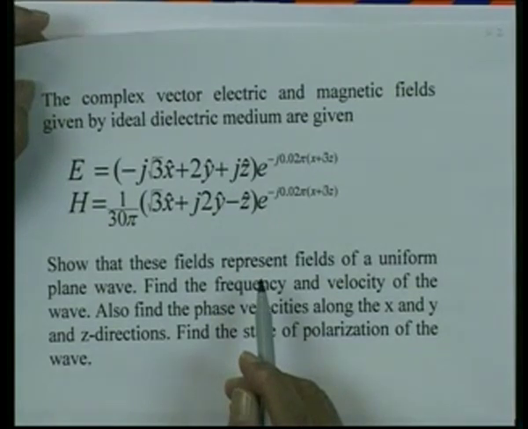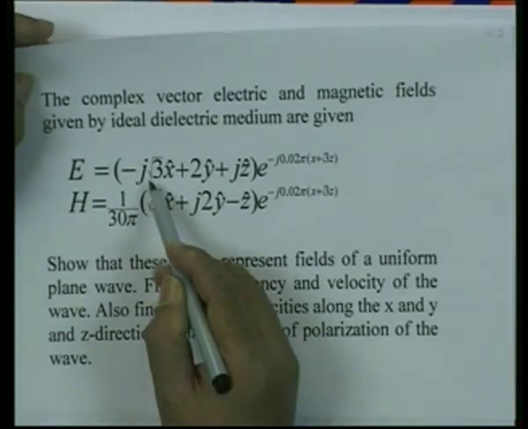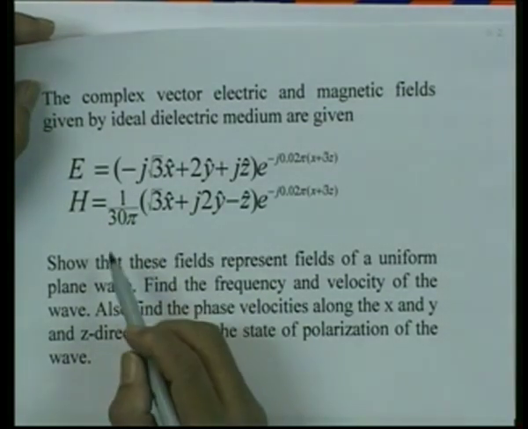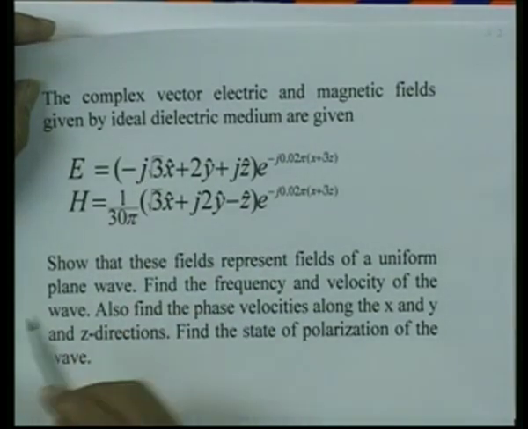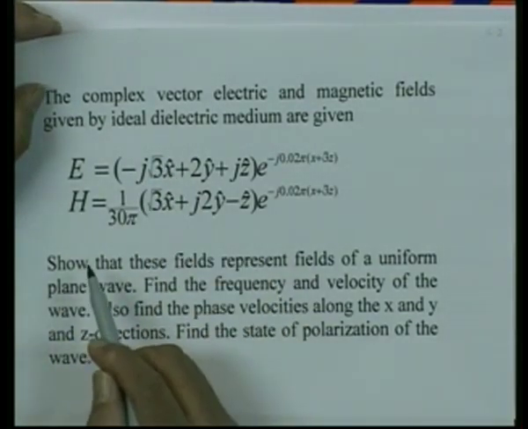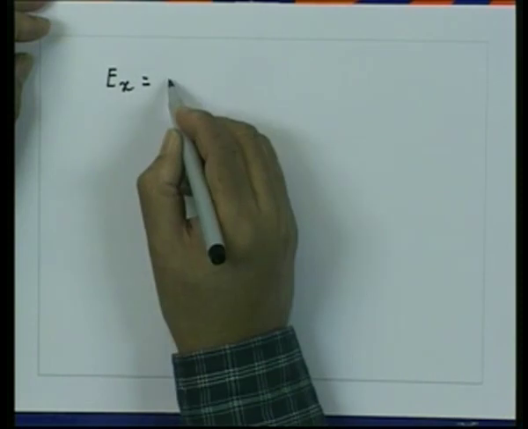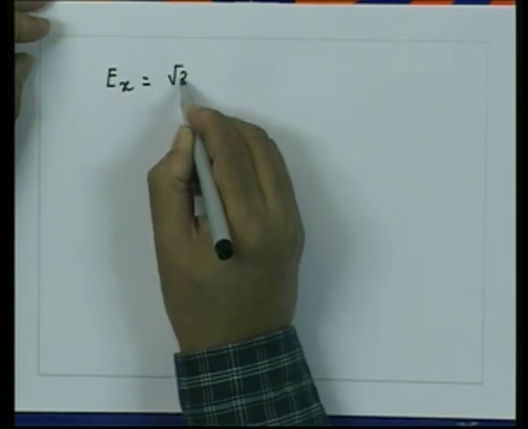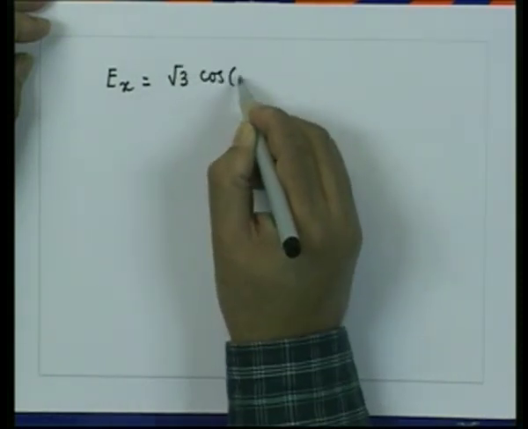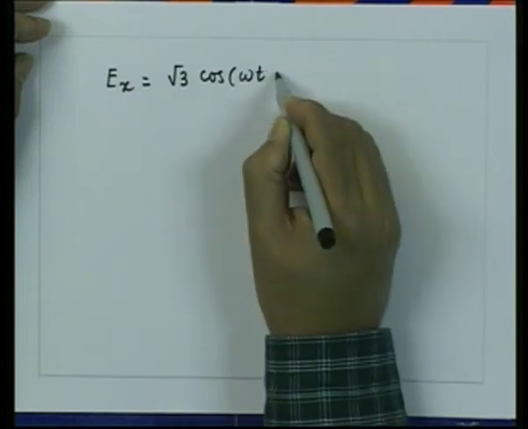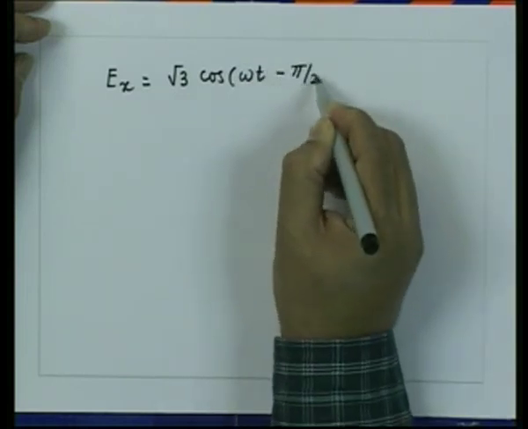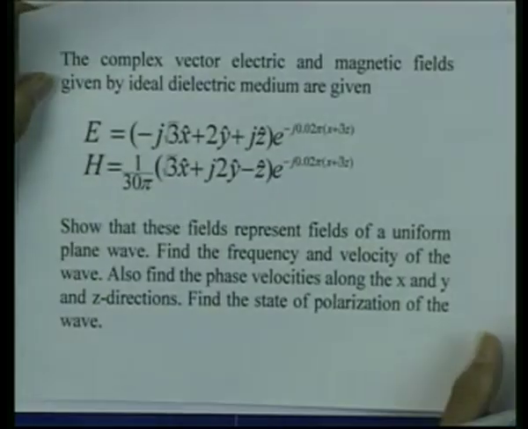Here the magnitude is root 3 and there is a minus j, so this x component can be written as E x equal to root 3 cos of omega t minus pi by 2, that corresponds to minus j.